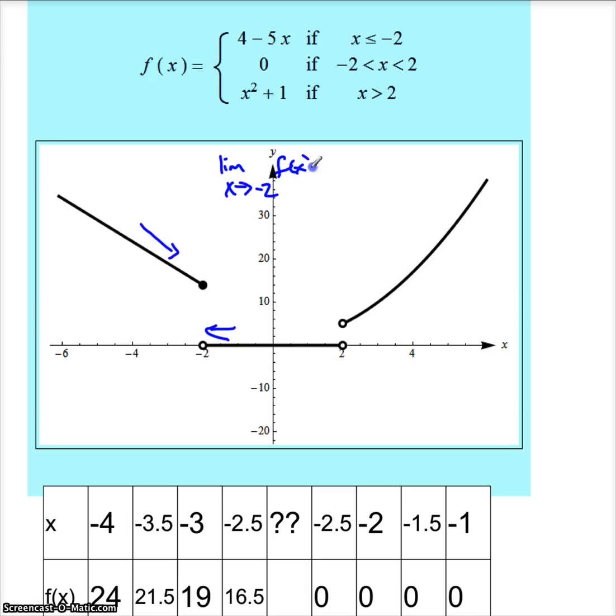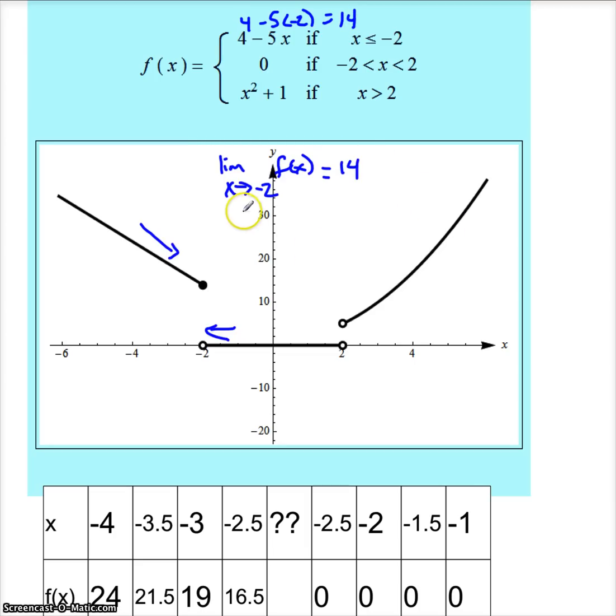Well, what is that limit? It turns out it is defined at negative 2, so if I plug in 4 minus 5 times negative 2, I get 14. So I say this one is 14.